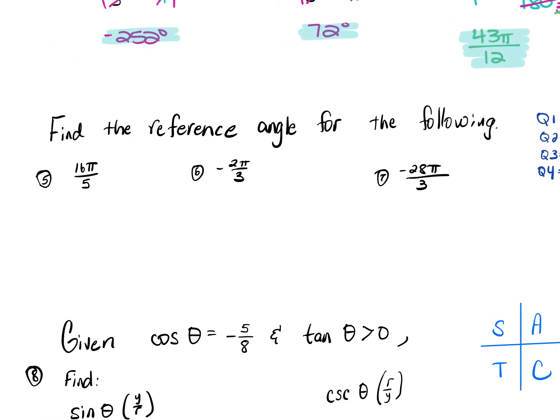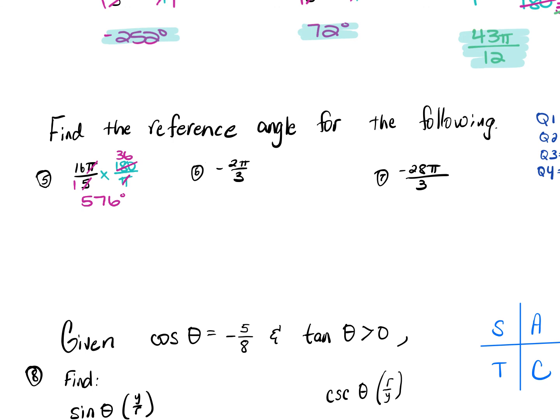Number 5 gives us 16 pi over 5. Change it into a degree, multiply it by 180 over pi. Your pi's cancel. Your 5 goes into 180 36 times, and 36 times 16 gives us 576 degrees. Now, this 576 is not within 0 and 360.